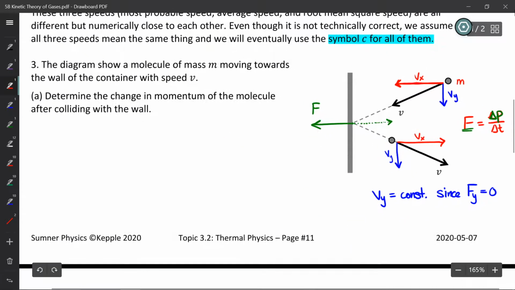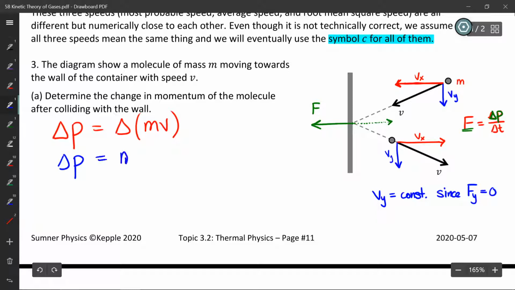So if we want to calculate the change in momentum, the change in momentum is just delta of mv, right? Because momentum is m times v. And so the change in momentum is going to be m times the final velocity minus the initial velocity. So it's the final velocity, which was mVx, minus the initial velocity, which was negative mVx.